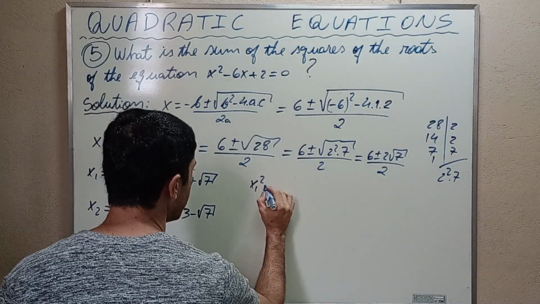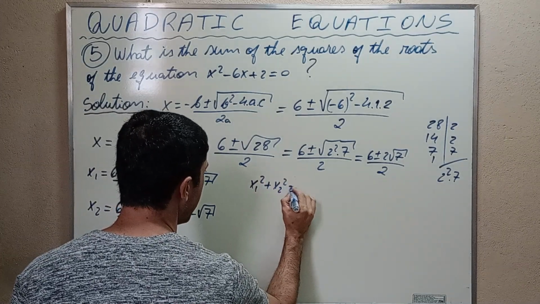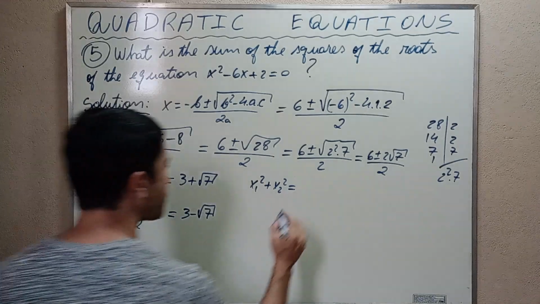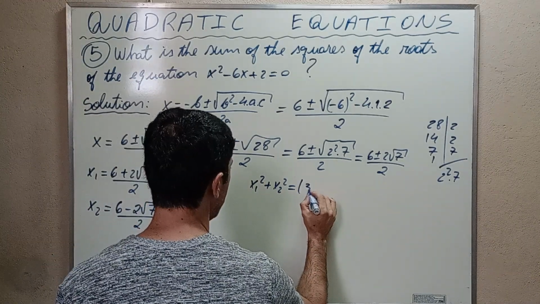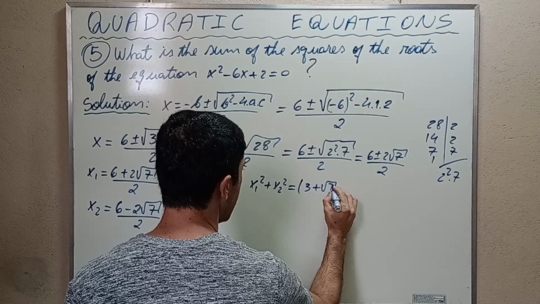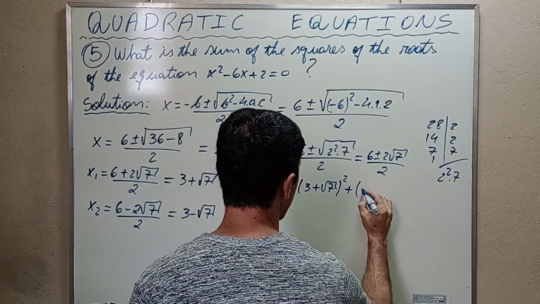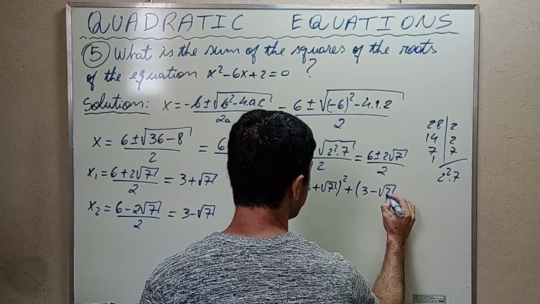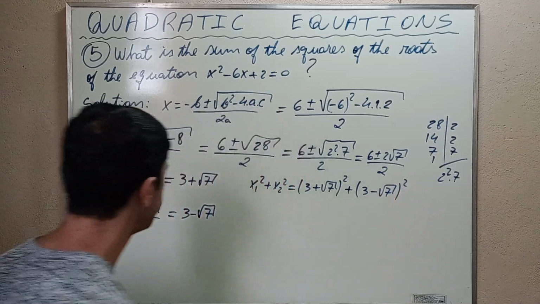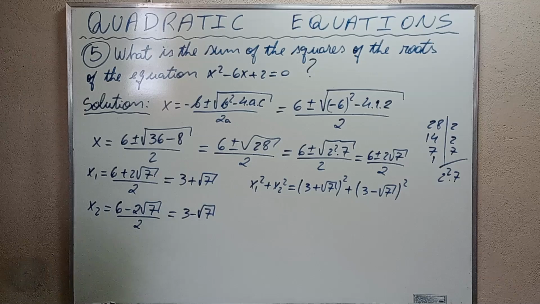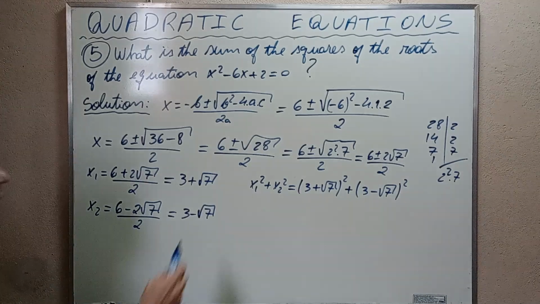x1 squared plus x2 squared is equal to 3 plus the square root of 7, squared, plus 3 minus the square root of 7, squared. Okay?